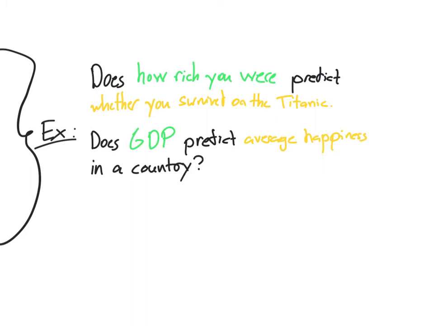So these are just two simple examples where we have a predictor variable, how rich you were, or GDP. So I guess both of these are about how rich you are in some sense. And then that predictor variable is used to predict a target. So whether or not you survived on the Titanic. So that's a yes or no question. You can predict yes or no questions. Or you can also predict something that you might measure with a numerical score, like average happiness.